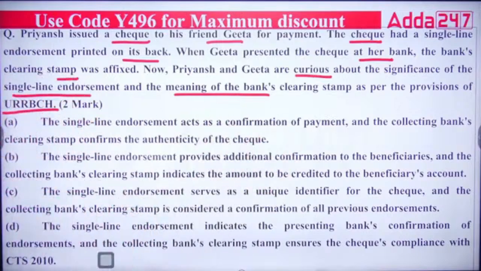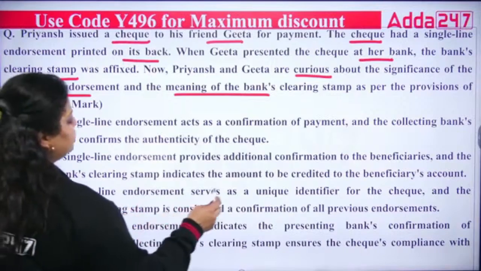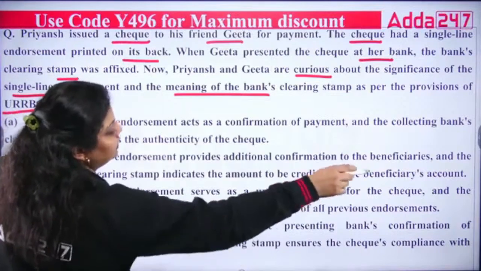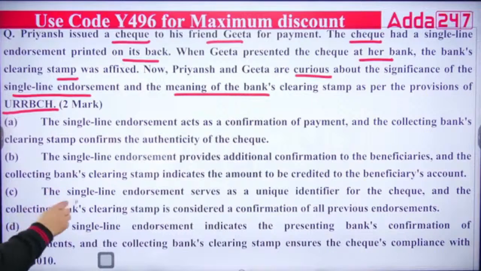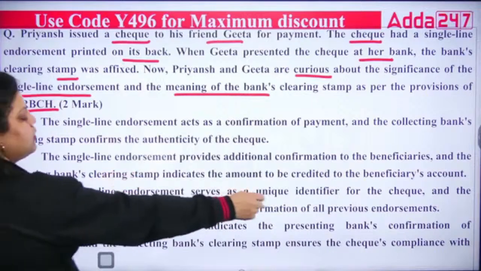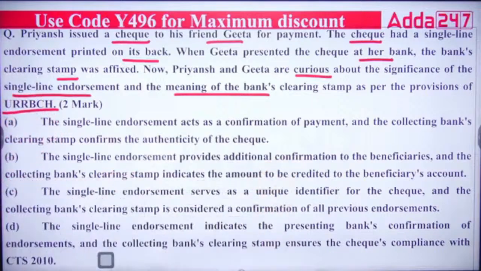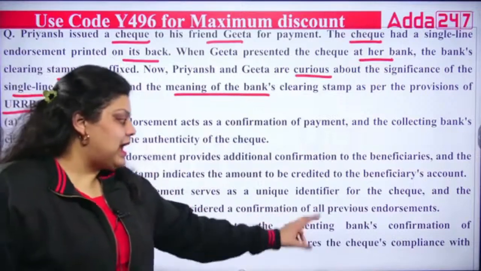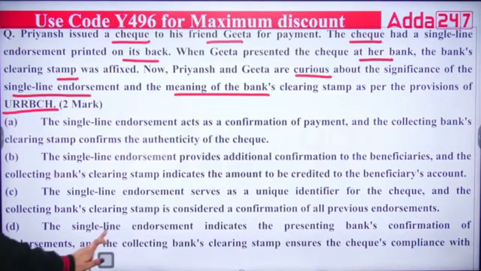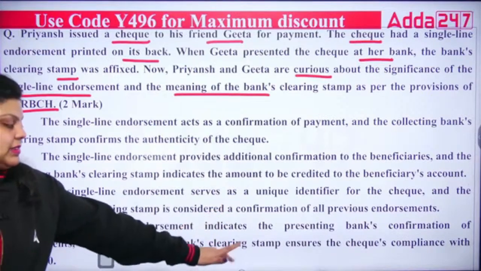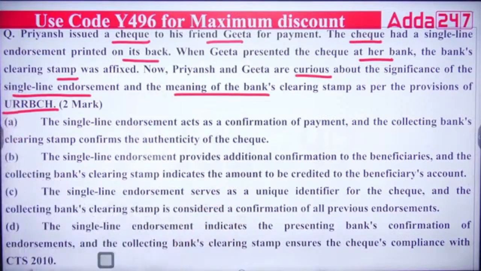Next is saying the single line endorsement serves as a unique identifier for the check and the collecting bank's clearing stamp is considered a confirmation of all previous endorsements. Next is saying the single line endorsement indicates the presenting bank's confirmation of endorsement and the collecting bank's clearing stamp ensures that the check complies with CTS 2010. And CTS, I guess everybody knows, Cheque Truncation System, right? So let me know which of the following here is correct.